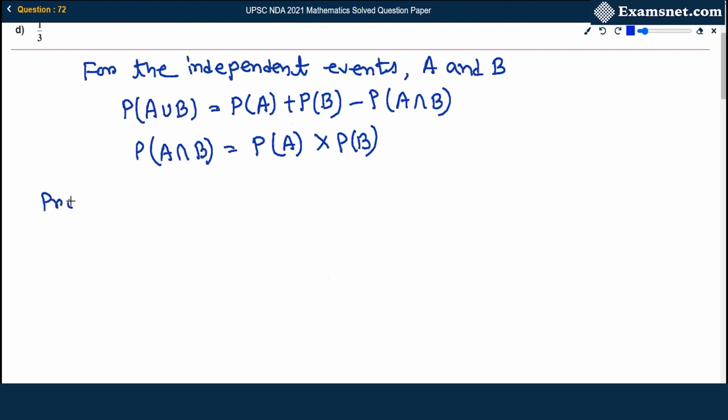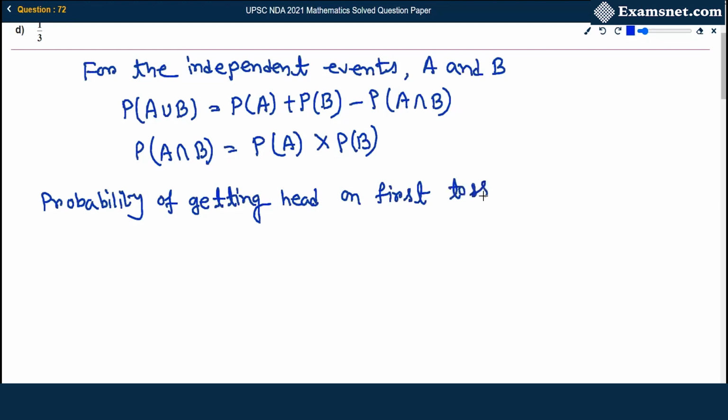That means probability of getting head on first toss, that is named as event E, so probability of E equals half.